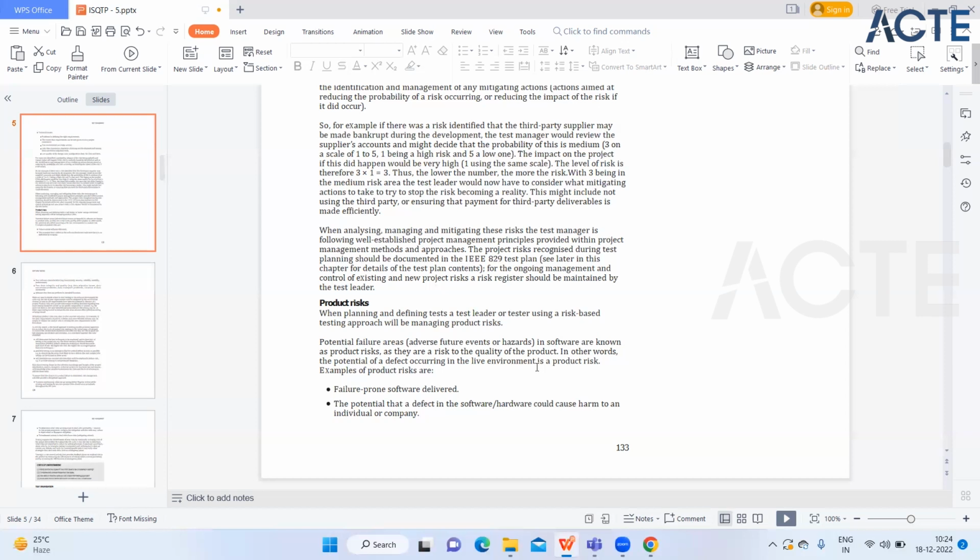Maybe it will cause harm to other people. Maybe you have multiple environments or multiple operating systems. You have to check that, but due to time constraints you have checked only the limited operating systems available, and you have to check on multiple operating systems.